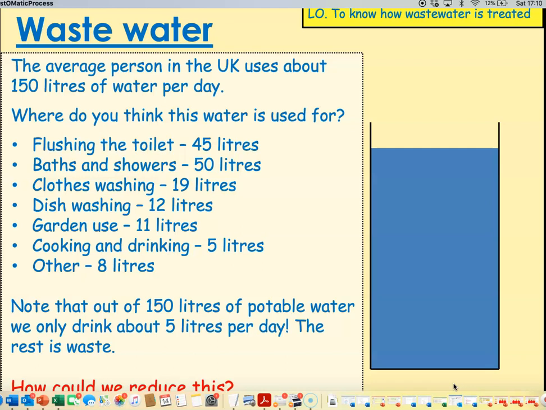Garden use, you can use those big water butts rather than using tap water. And that's about it really. Cooking and drinking we can't actually reduce, but if we reduced all the other things, we could reduce the amount of waste.